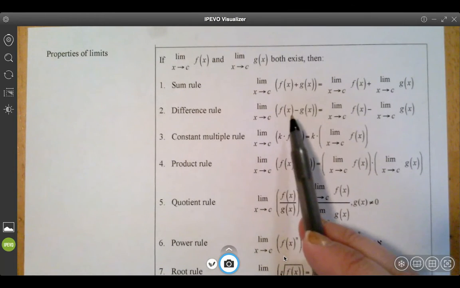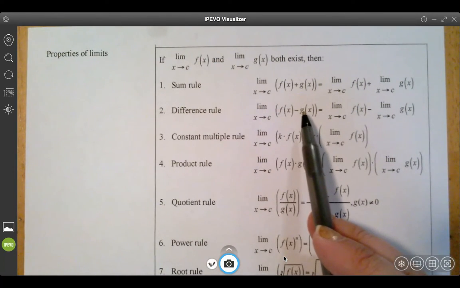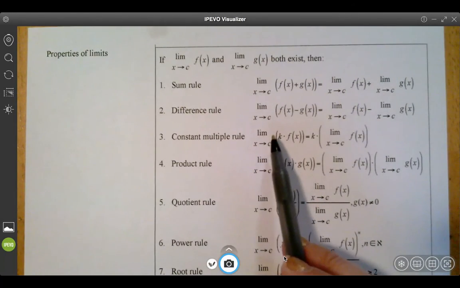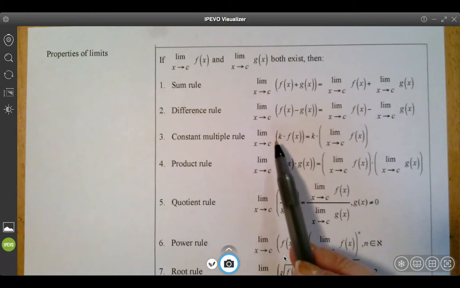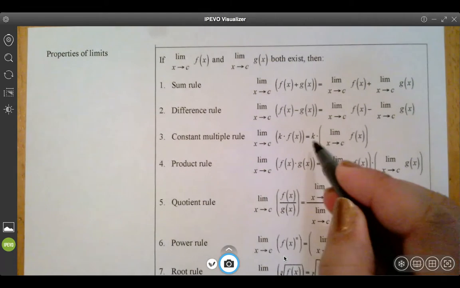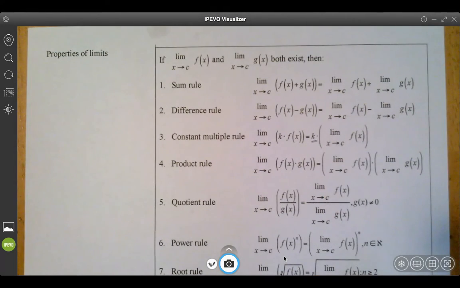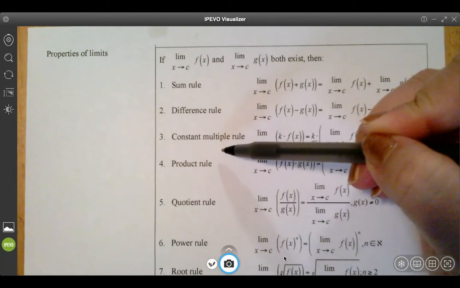Okay, the same thing applies for the difference, and the same thing applies for a constant that's been multiplied, which is really just repeated addition, right? Notice the k just pops out front. So those three rules are very closely related.